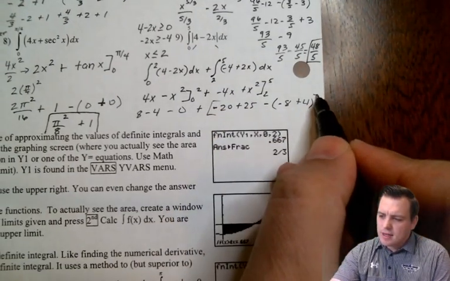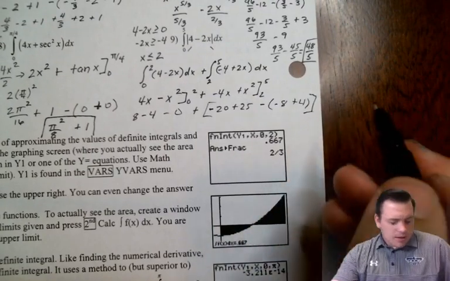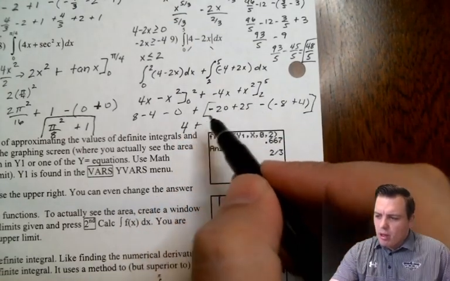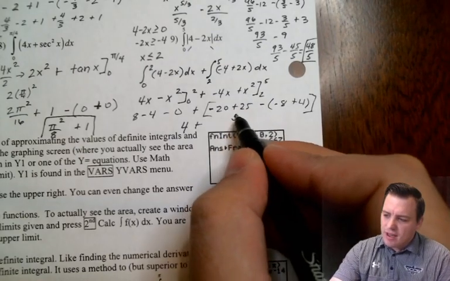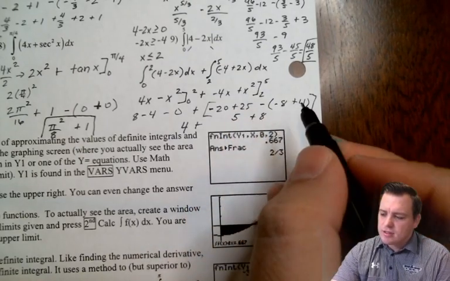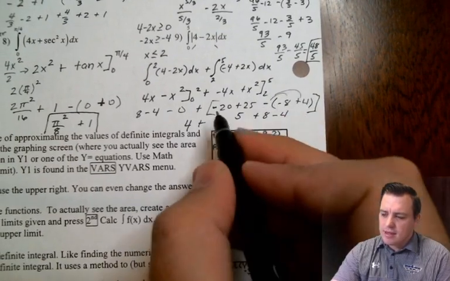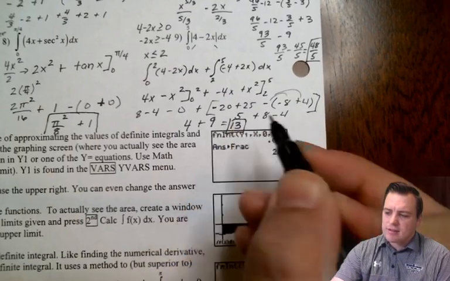So all this is kind of together. That's going to come out on this side to be 4. And then over here, negative 25 plus 25 is going to be 5 plus 8, which is 13. And then you got to minus that 4, so that would take us to 9. And then that would take us to 13 as my final answer.